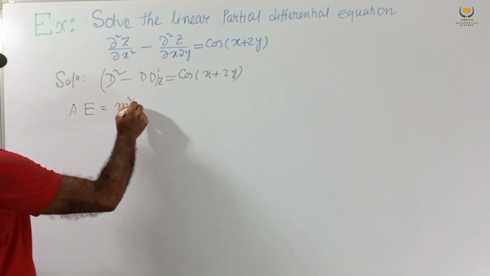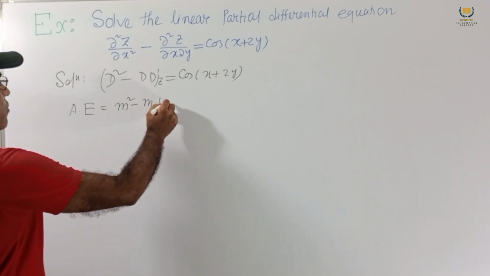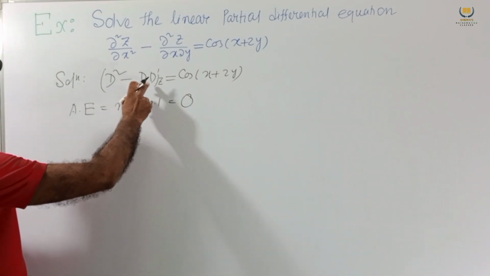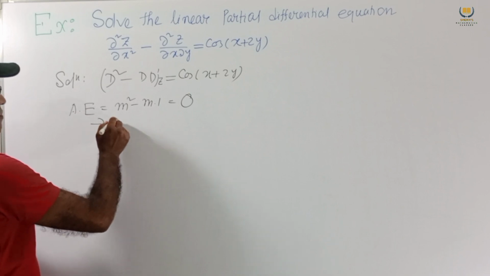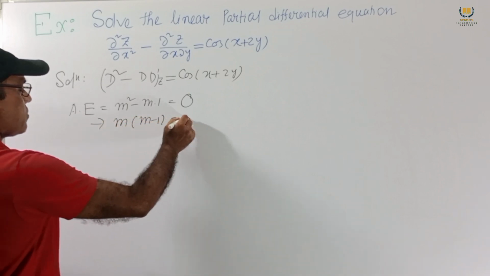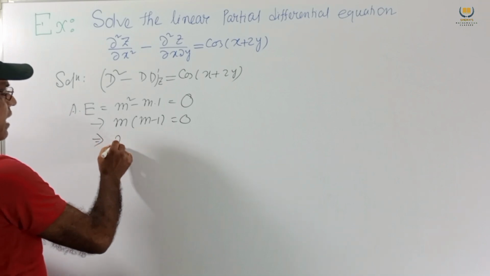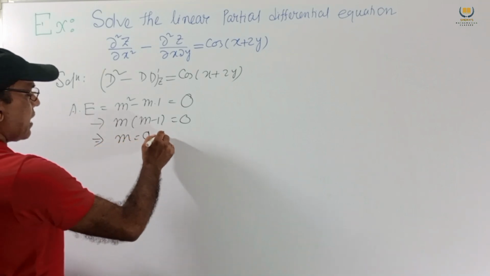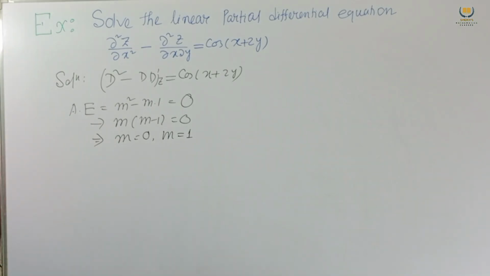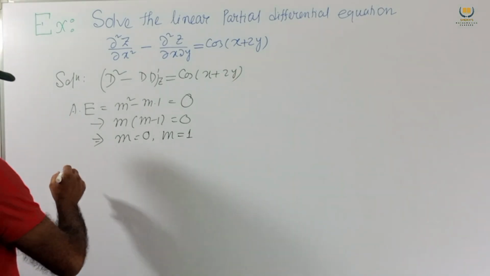m squared minus m into 1 equals 0. That means putting D equal to m and D dash equal to 1. This implies m common, m(m minus 1) equals 0, then m equals 0 and m equals 1. We get two values of m.